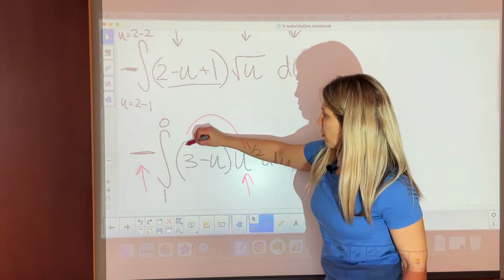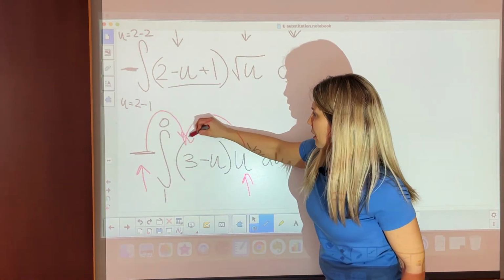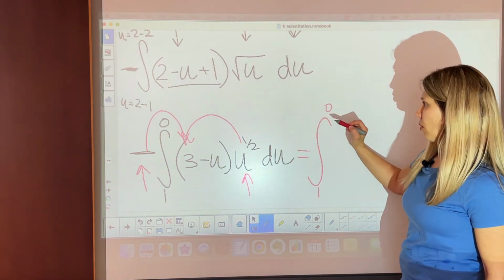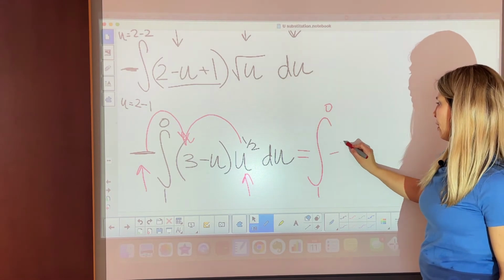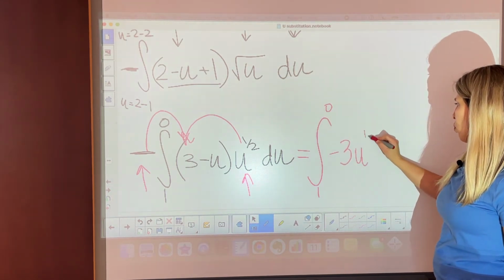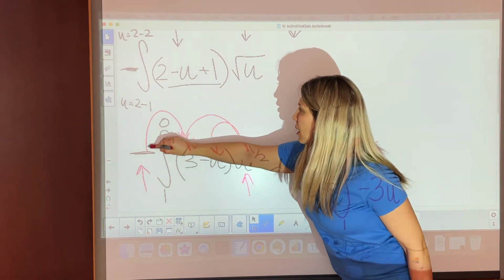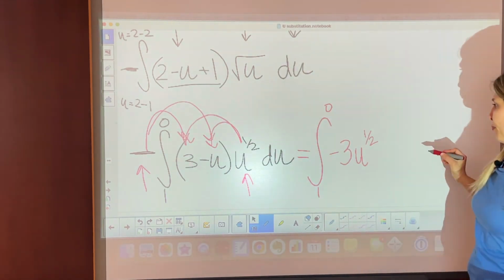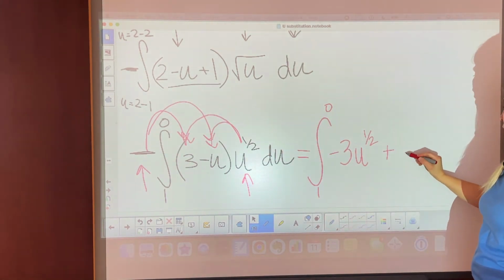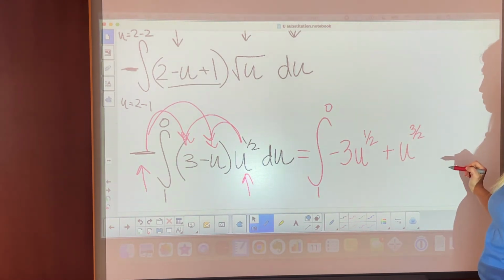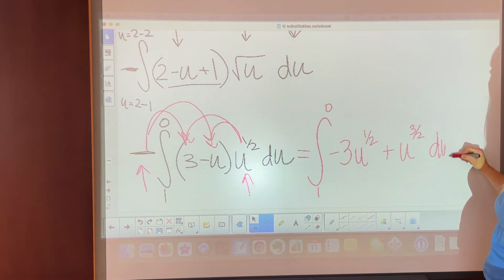So we're going to have the integral from 1 to 0 of -3u to the 1/2. And now let's take both of those pieces to this u, plus u, we add exponents, to the 3/2 du.